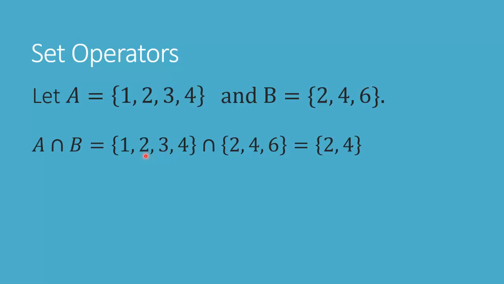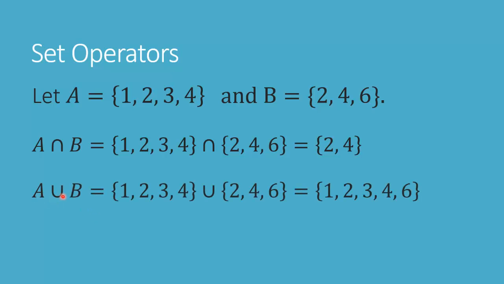Well, the only elements that are in both of these are 2 and 4. So the answer is this set, which contains only the elements that are in both A and B.